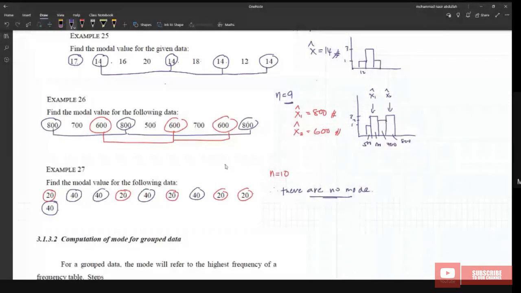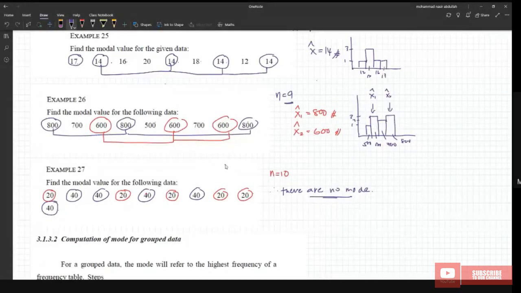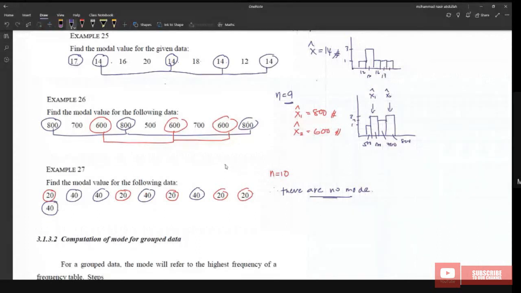This is 16, this is 14, and then 17 appears once. This is 17, 18 also once, and 20 also once. So we have only one mode, right?